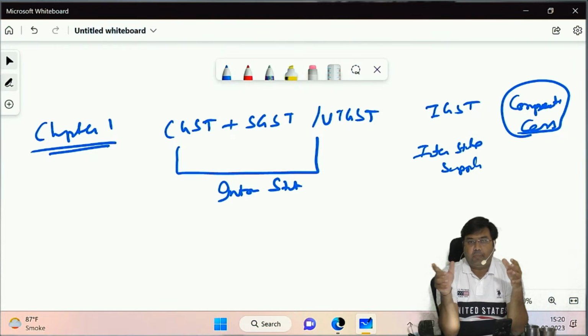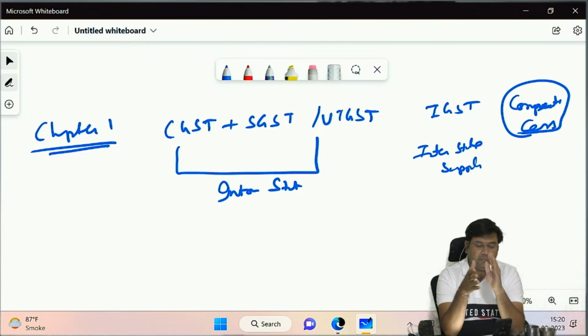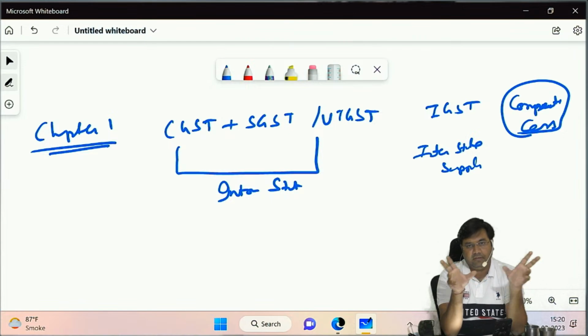Continuous journey, no stopover. Export of goods: physical export, basically goods are moving from India to outside India. Export of services has 5 conditions: supplier of services is in India, recipient is outside India, place of supply is outside India, money has been received in convertible foreign exchange, or if RBI permits, then Indian rupees, and no distinct person.